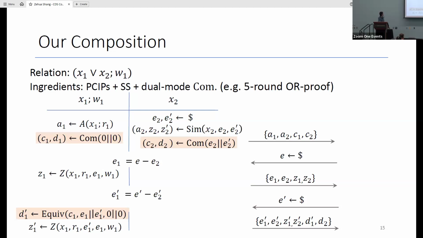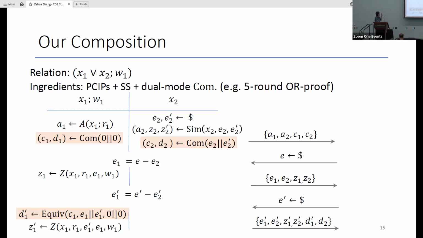So here is an example of a 5-round proof of our composition. The basic idea is that we add a commitment for each transcript at the beginning. For the transcripts for which we don't have the witnesses, we let the commitment commit to the previously randomly sampled challenges.